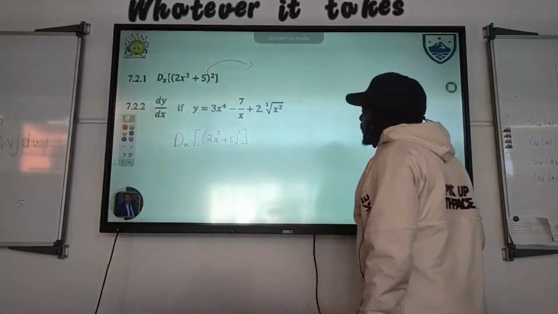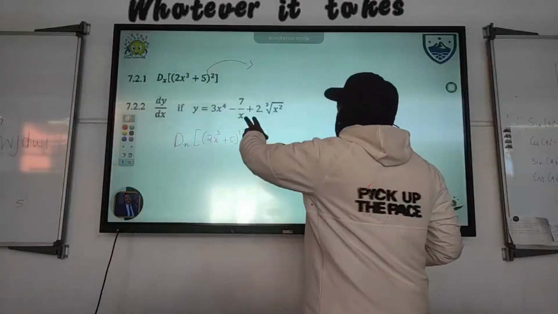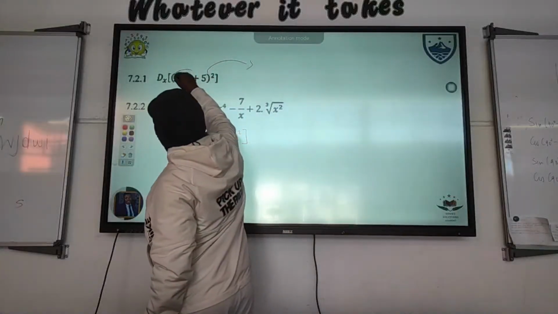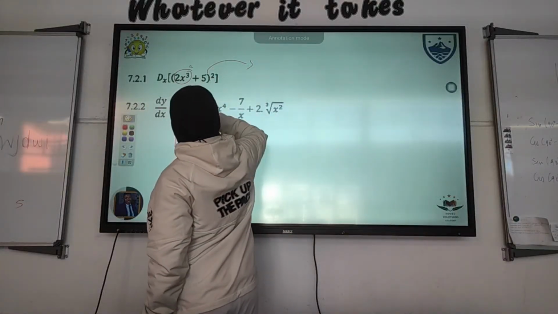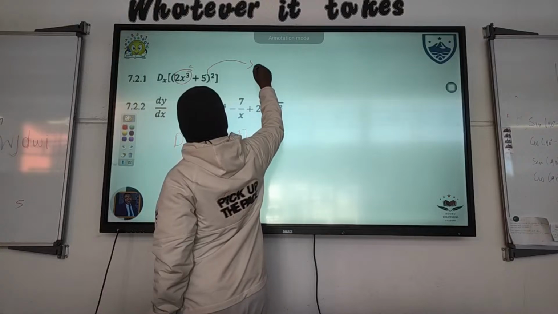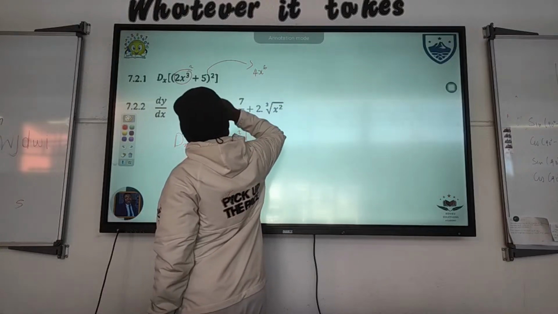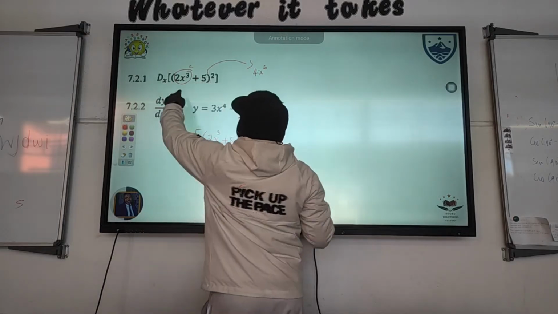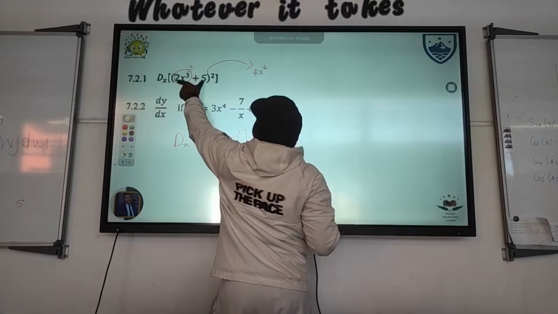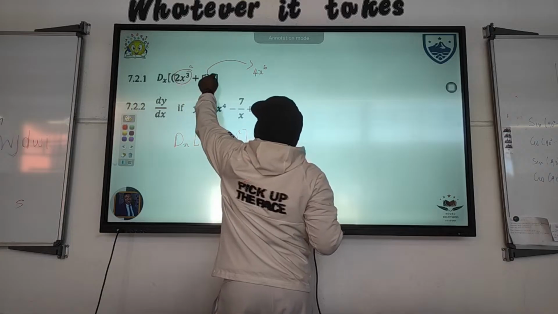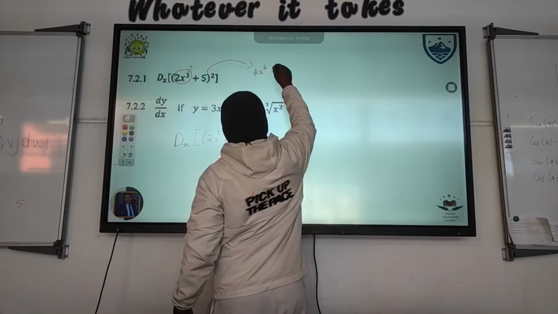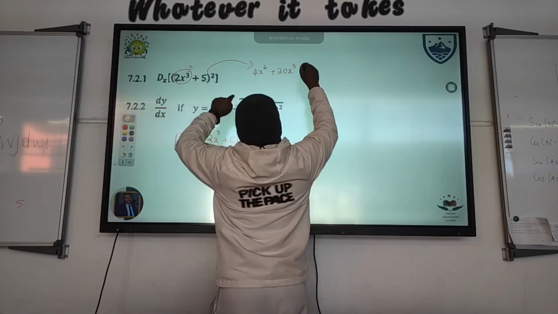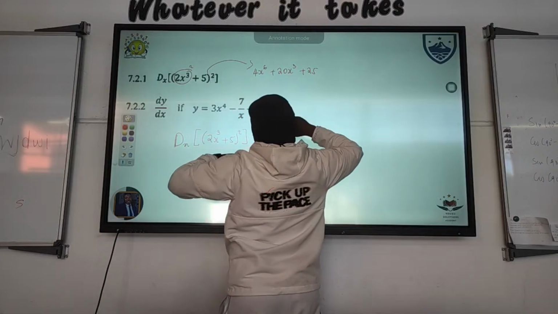Remember when we learned this, we can easily start by squaring the first part, raising it to the power of 2, which gives us 4x to the power of 6. Then we multiply the 2. Multiplying this by that gives 10x to the power of 3, multiplied by 2, so it's going to give us 20x to the power of 3. Then we square the last part, which gives us 25.